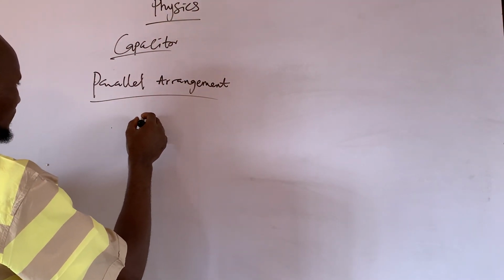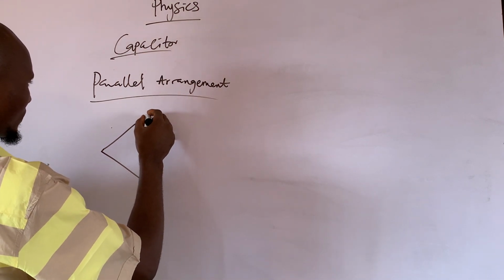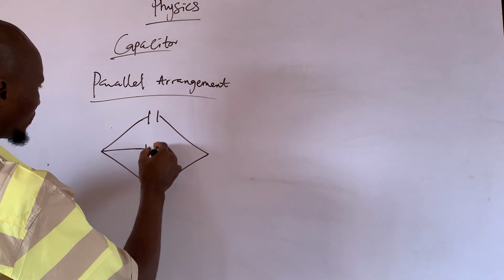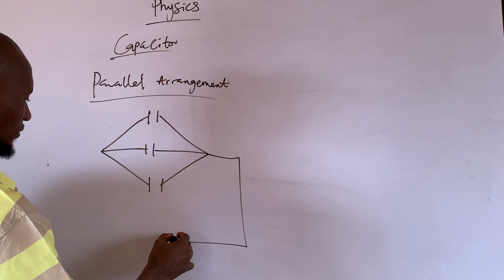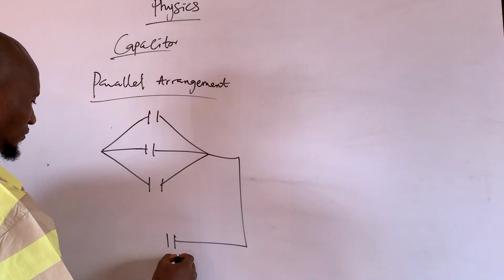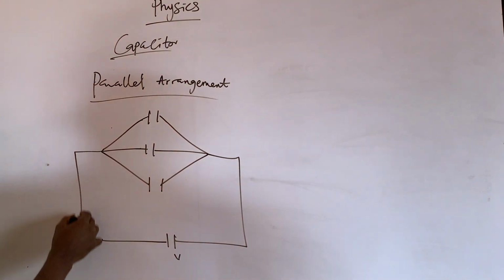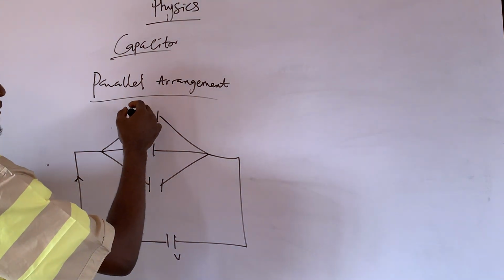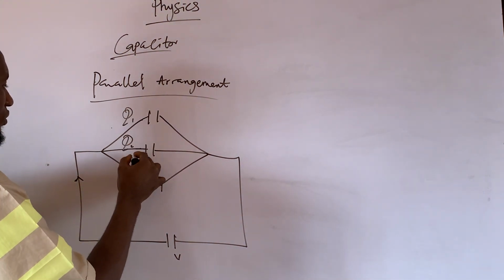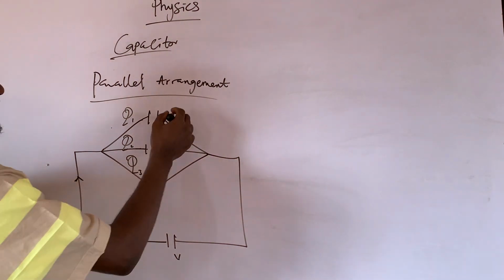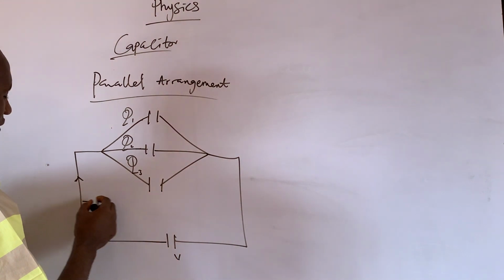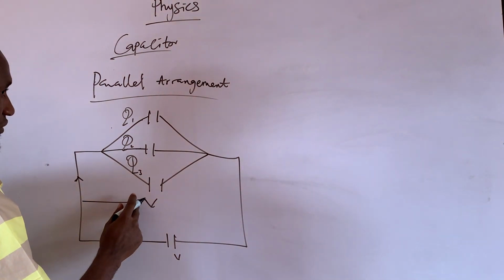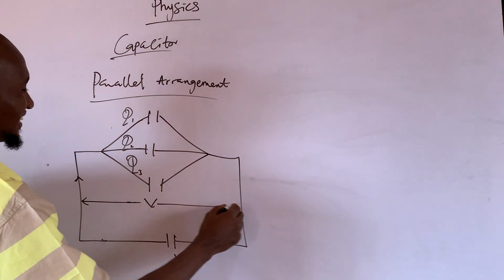You have something of this nature. We have Q1, Q2, Q3, and here we have V, here we have V, and here we have V.